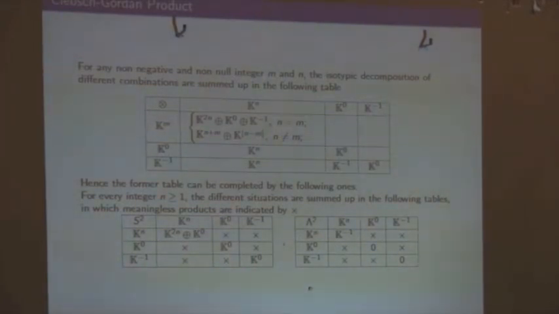In fact, there is a formula that explains it to you. If you make a symmetric product of two things and put it in matrix form, it will be evident that you have a block that links K0 with itself.